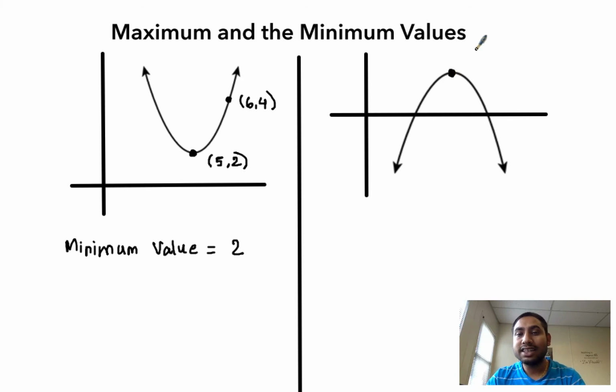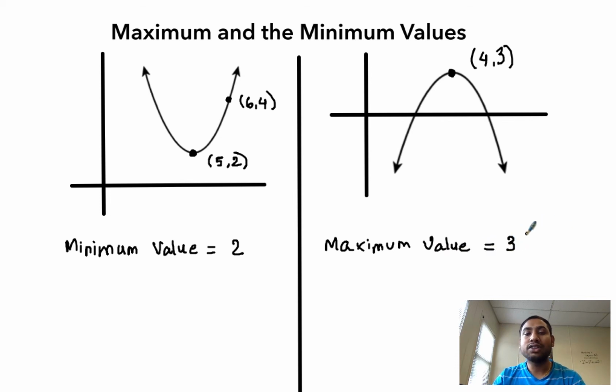Let's say this one, the vertex is (4, 3). Again, this being the highest point, the y value here, the 3, is going to be the maximum value of the function. So the maximum value of this function is going to be equal to 3. It's always going to be the y value of the vertex.